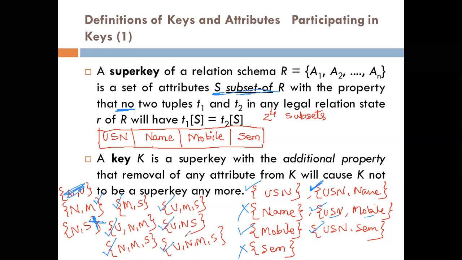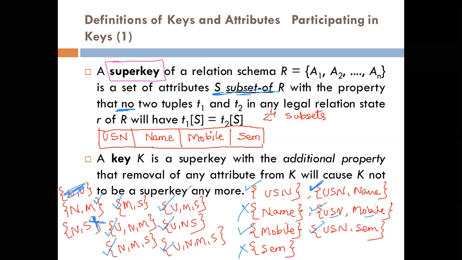All of them which have been ticked are super keys. So a super key is a subset of attributes with a property that no two tuples or rows can have same value for these attributes.